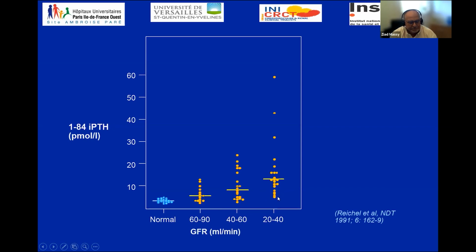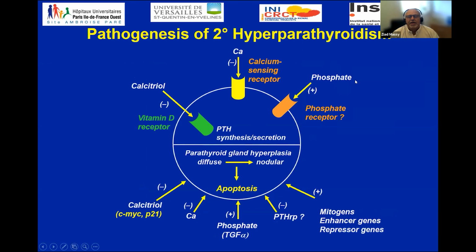Three factors are responsible for secondary hyperparathyroidism in our patients: hyperphosphatemia, hypocalcemia, and low level of calcitriol, which increase the secretion of parathyroid hormone, but also modify the proliferation of the parathyroid cells, leading to hyperplasia, in addition to other molecules.